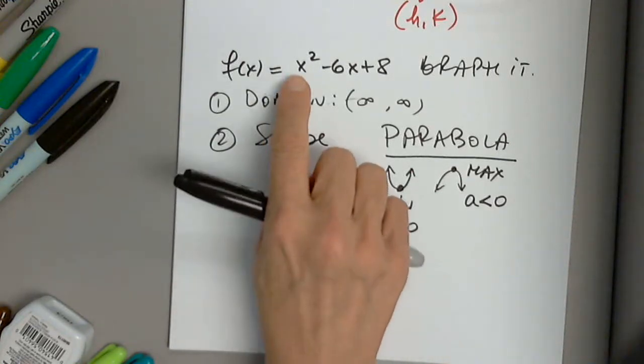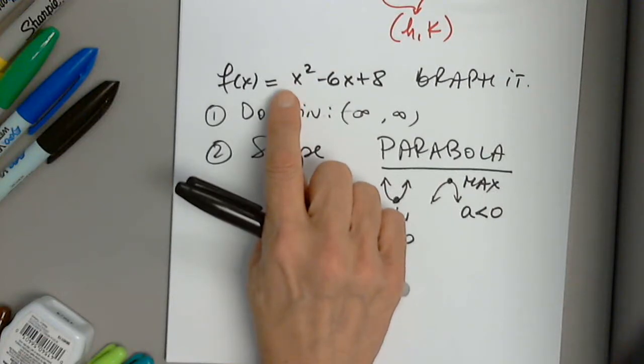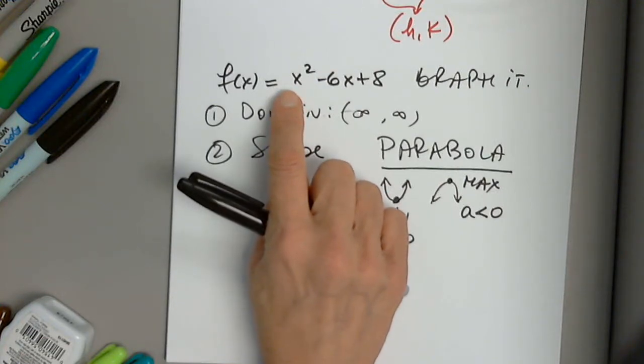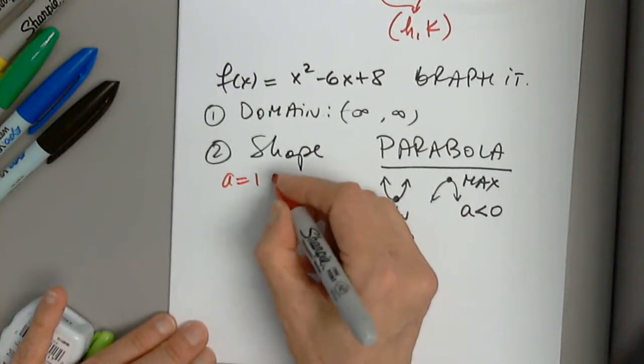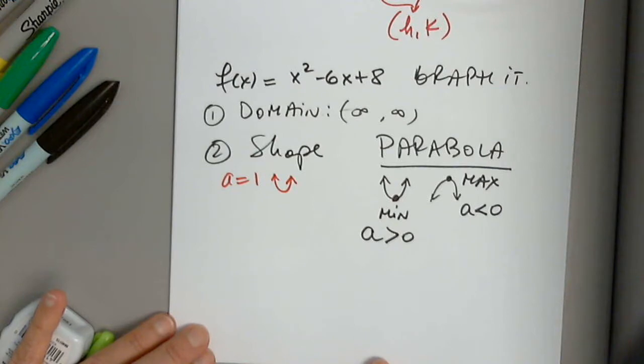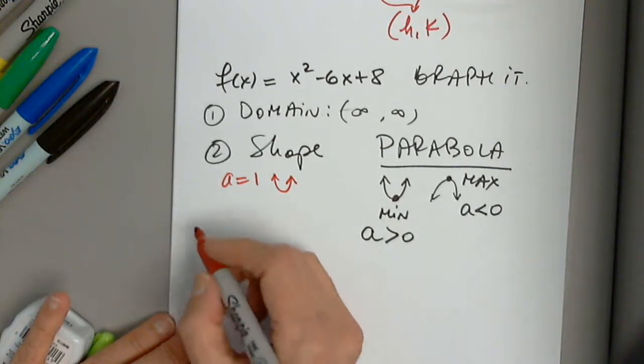So let's find the leading coefficient for this function that we are looking at. What is it? The leading coefficient is 1. So which of the two shapes we will have to graph with a minimum? So the shape is this. Number 3.